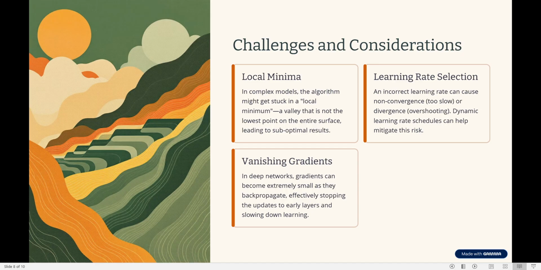Choosing the right learning rate is critical: too slow means it takes ages, too fast risks instability. A third one is the vanishing gradient. In deep neural networks, gradients can become extremely small, causing earlier layers to stop learning. To address these issues, we use techniques like adaptive learning rate and momentum in advanced optimizers.